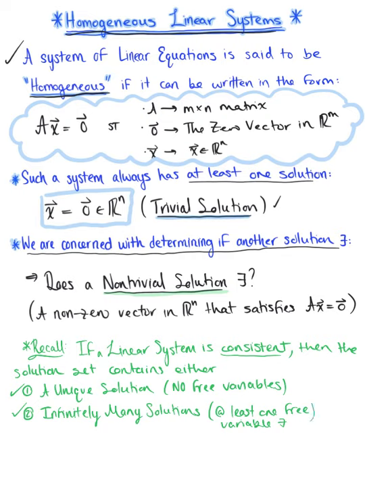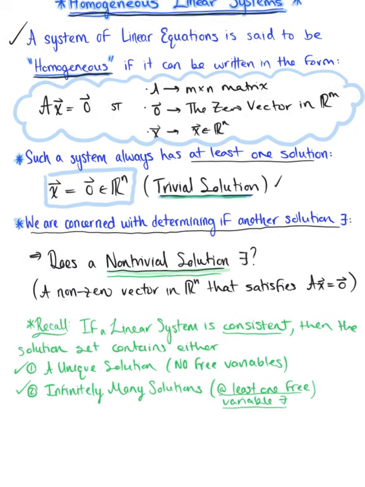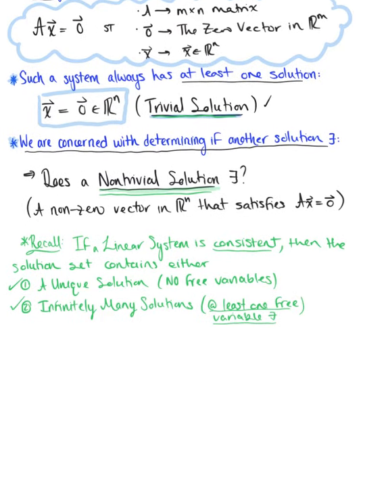So if a homogeneous equation has one unique solution, the trivial solution, then a homogeneous equation is going to have a non-trivial solution if at least one free variable exists. So that's what we're going to use to check if our homogeneous equation has a non-trivial solution.